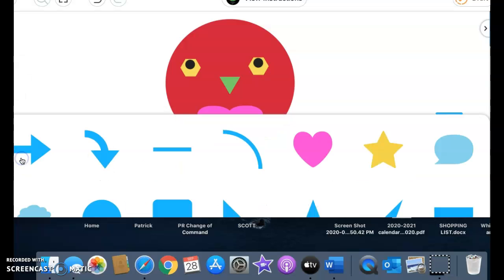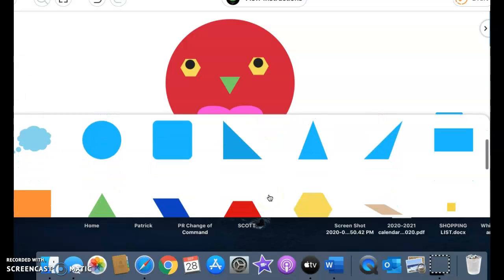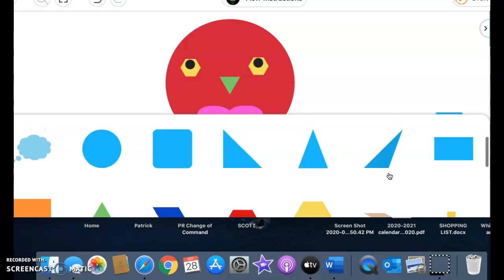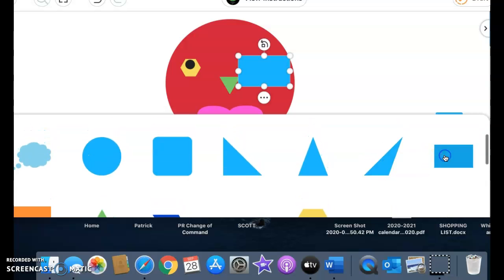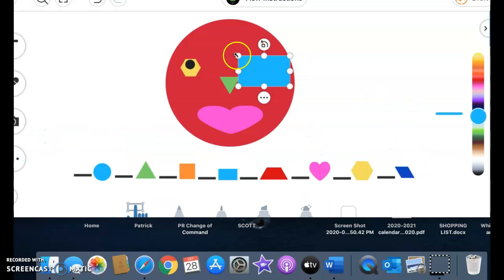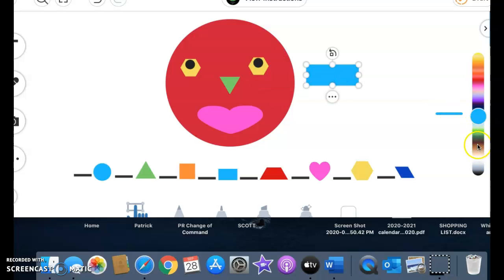A heart for his mouth. He has funny hair.